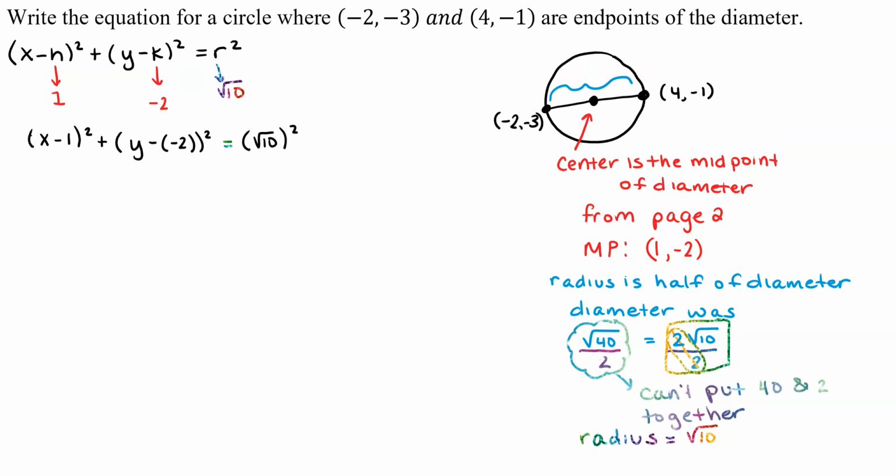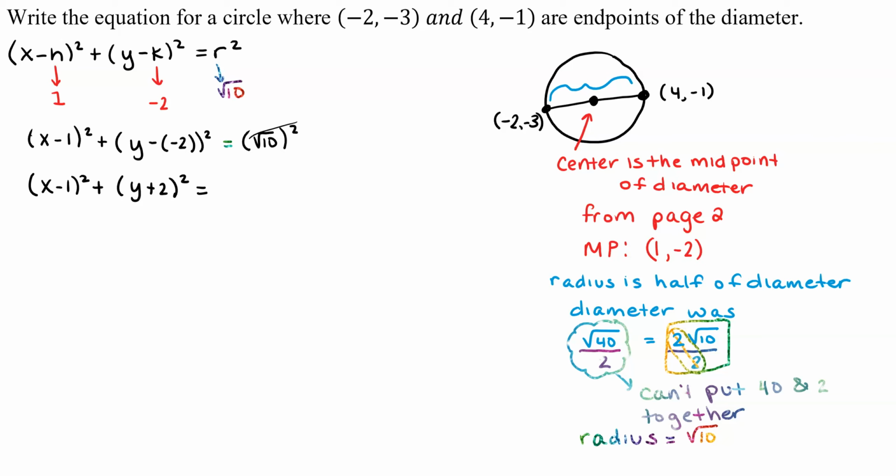Now this equation needs a little cleaning up, okay? x minus 1 squared is fine. But now y minus -2, that's y plus 2. So y plus 2 squared. And now what's the square root of 10 squared?